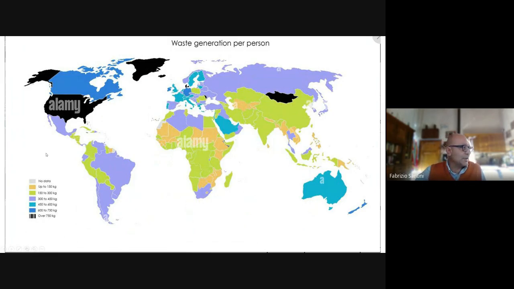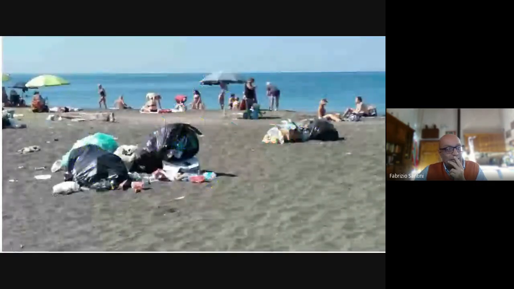So you see that the United States are among the worst in the world, but also Denmark, as you see here. And we have not such a bad situation in Europe, as you see, and it's not so high still the production per capita in China and India.